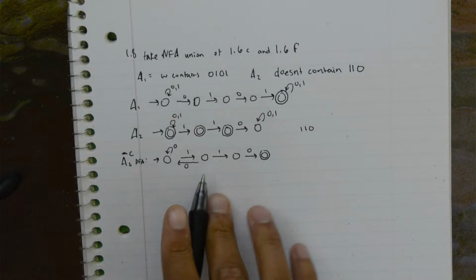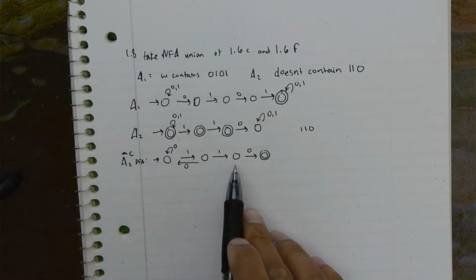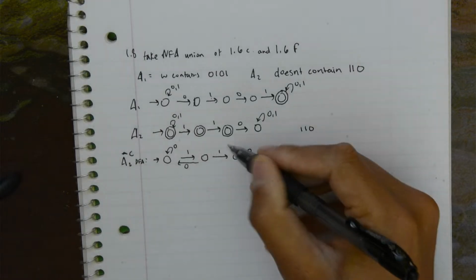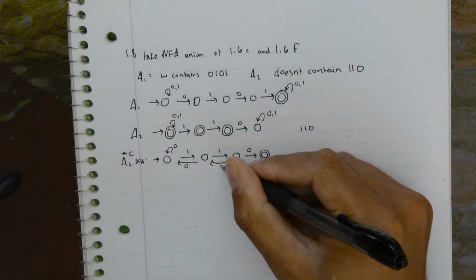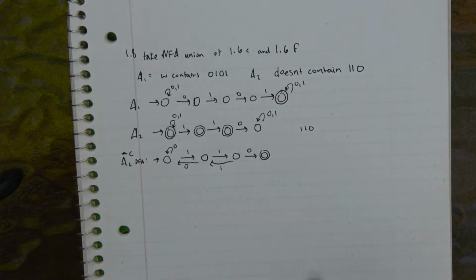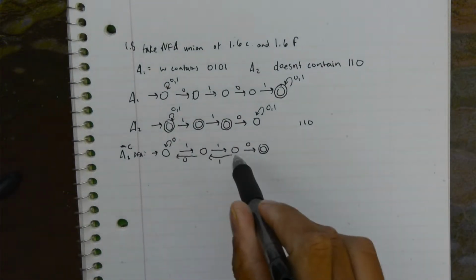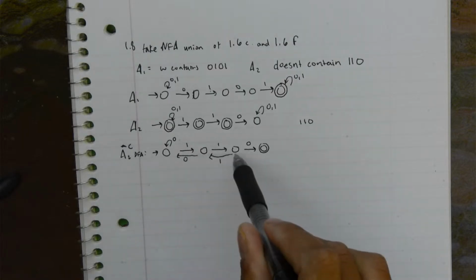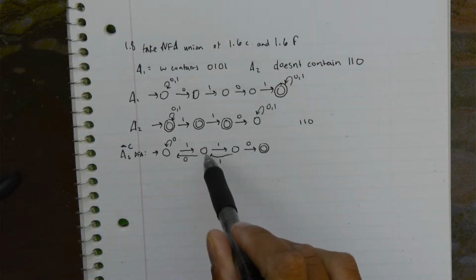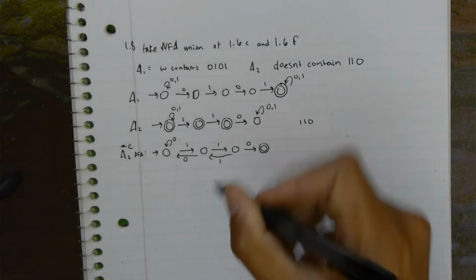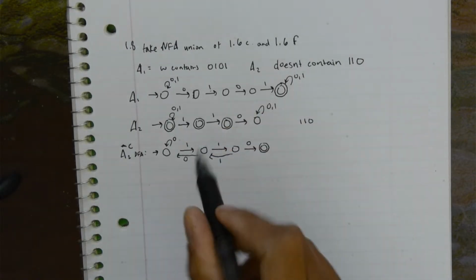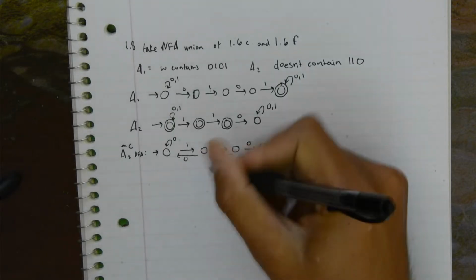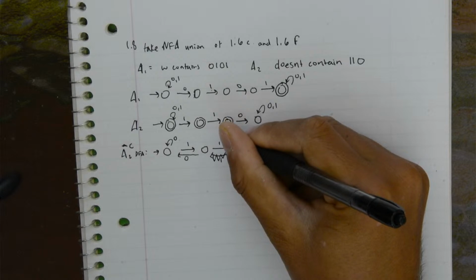Okay, but if you get a 1 here, then you want to go back to this. So now if you go 1, 1, 0, but now let's say you go 1, 1, 1, oh wait, 1, 1, 1, you don't go here, you go here.